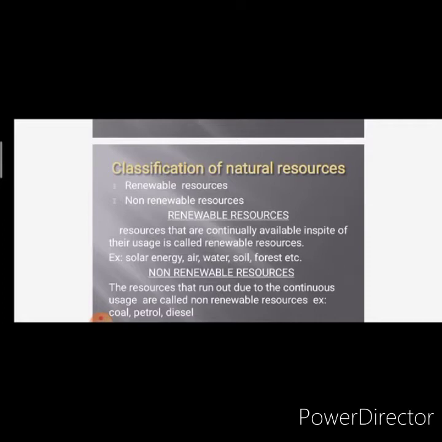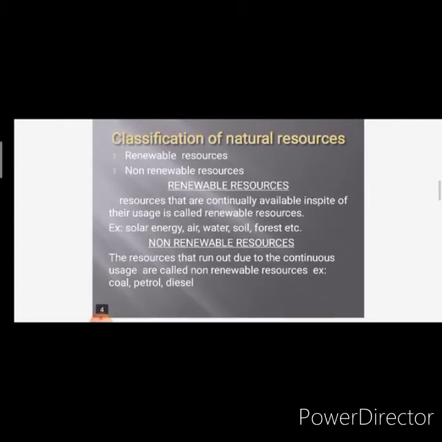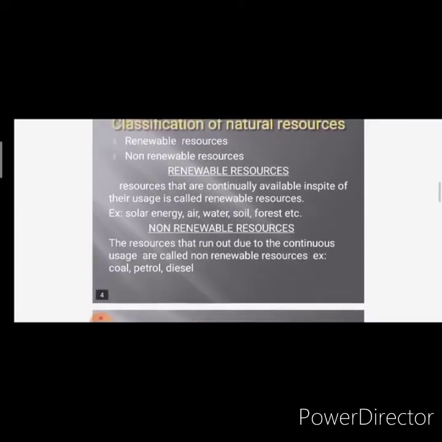For example, solar energy, air, water, soil, forest, etc. And non-renewable resources are resources that run out due to continuous usage. For example, coal, petrol, diesel. We cannot use these resources again and again.